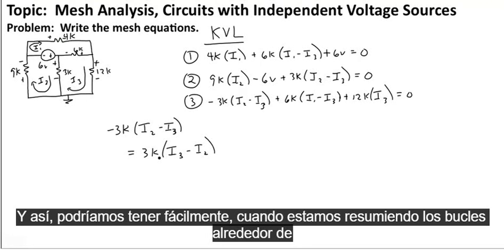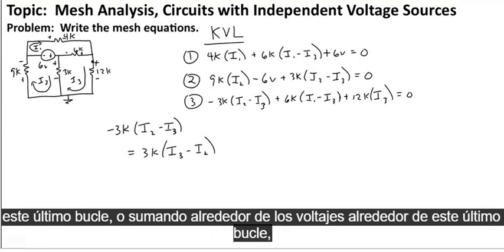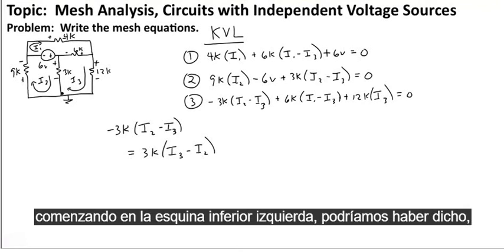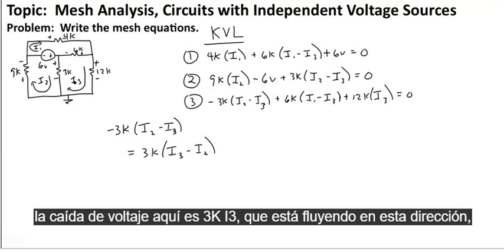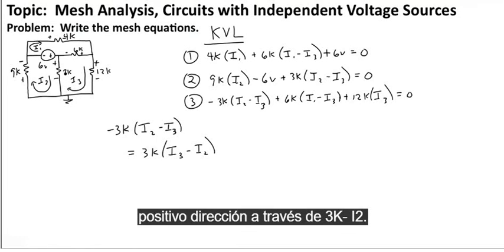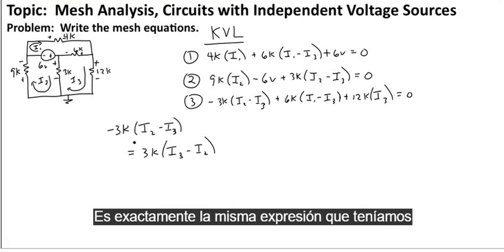So we could just as easily have, when summing the voltages around this last loop starting at the lower left-hand corner, said the voltage drop here is 3K times I3, which is flowing in the positive direction through 3K, minus I2. That's what we have down here. It's exactly the same expression as what we had before using our assigned voltage drops.